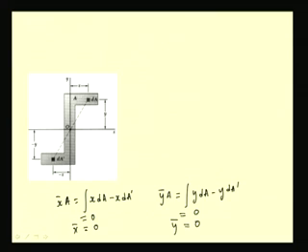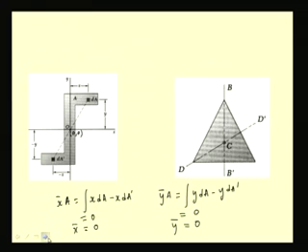So, we see that the centroid is located at x bar, y bar, which is 0, 0, which is nothing but this origin, and we see that this origin is nothing but the intersection of the lines of symmetry, and this is valid for any shape. Let us consider this triangle.